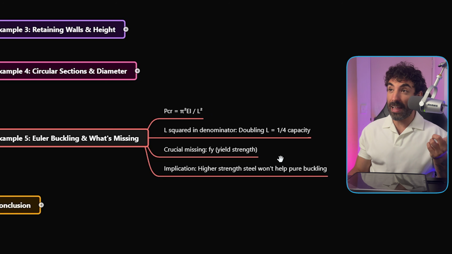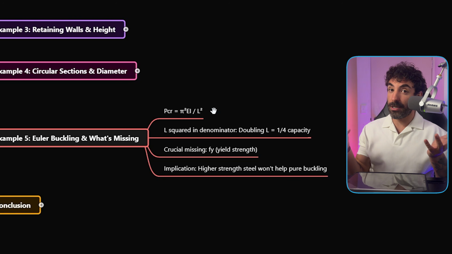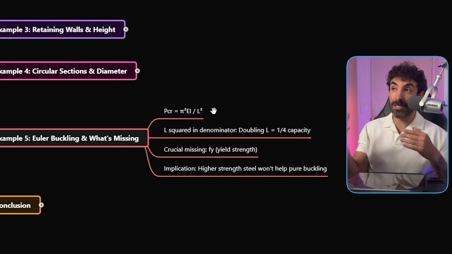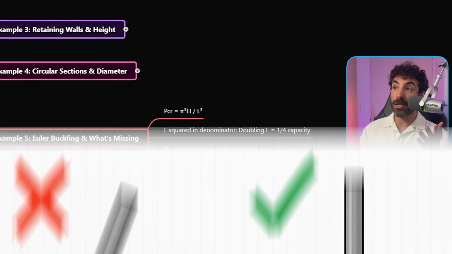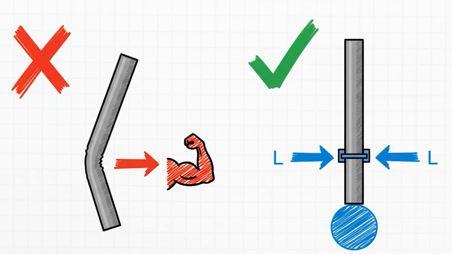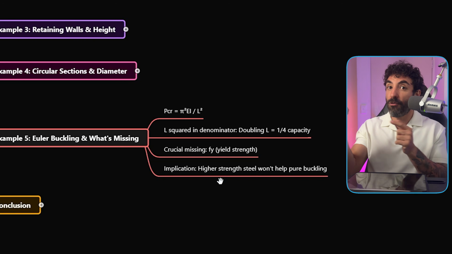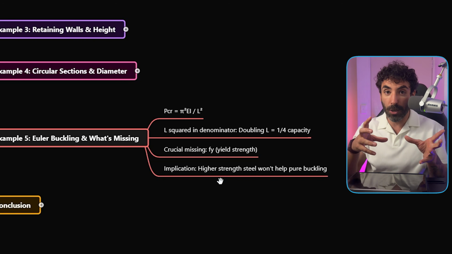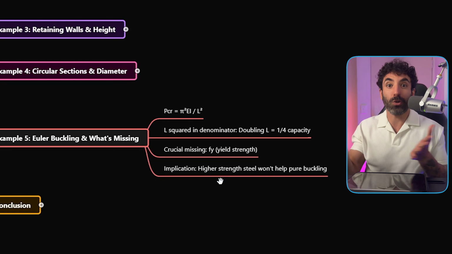So again, the formula is telling you where the real leverage is. Maybe the answer is more lateral restraint, which will reduce the effective length. Maybe the answer is a different section with a better second moment of area. But if you are in the Euler buckling zone, simply paying for a stronger steel might not do much for you, because the strength of the material is not even in the formula, and the modulus of elasticity of a lower strength steel is almost the same as a more expensive high strength steel.